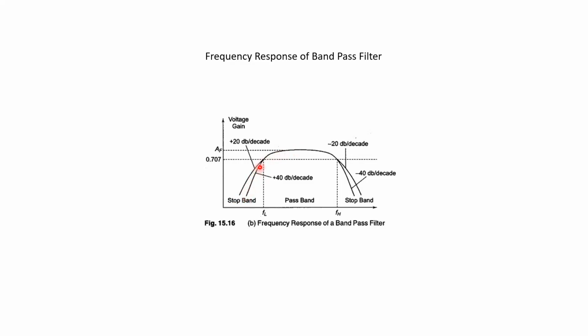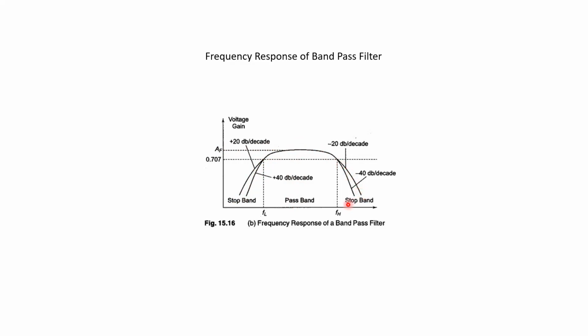As we move to the higher side, once it reaches a particular central frequency, at this point the gain offered by the filter is maximum. And then if we further increase the frequency, the gain will start reducing again.